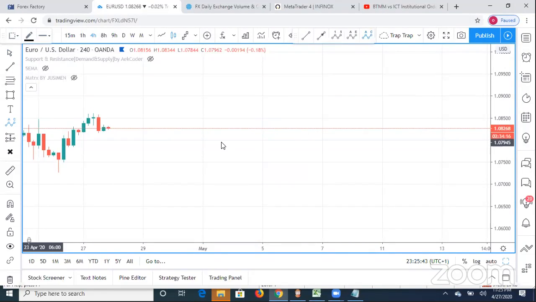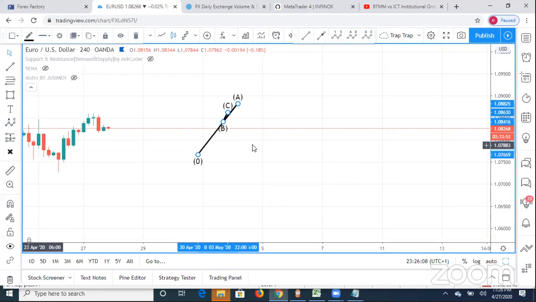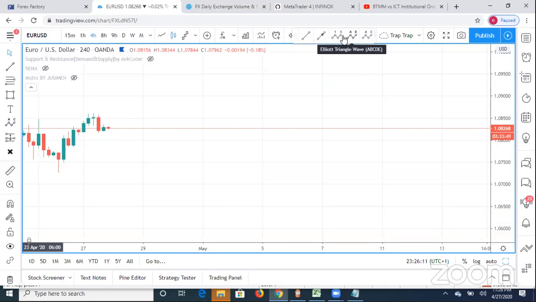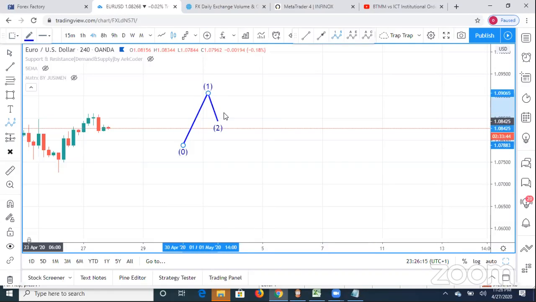Now on your 15 minutes, one way you could also take a safe trade is to wait for liquidity to be taken before you get into a trade. You usually would see this at points where you have an intraday M or an intraday W. Let's say I have something that looks like an equal high here.